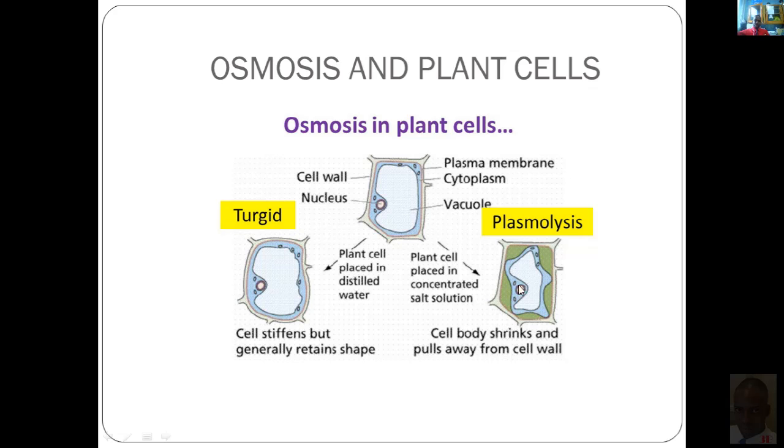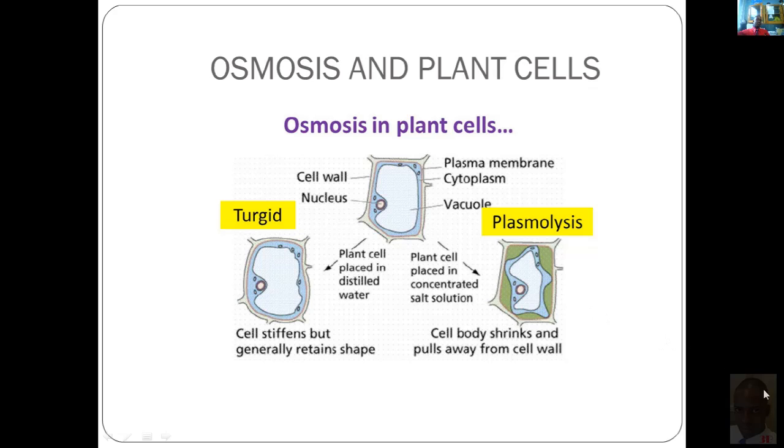So if the cytoplasm and the vacuole are being filled with water molecules and are expanding, creating a pressure causing the cell to swell, when it reaches the cell wall, the wall is going to exert an equal but opposite force on the cell membrane and the cell contents to keep the cell intact.